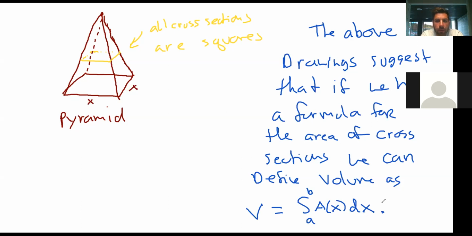But let me remind you of our strategy that we've used a few times already when it comes to integration: we take whatever it is we want to analyze, here it could be a pyramid, and we slice it up in a certain way. In this picture, I'm slicing my pyramid horizontally, and then I examine one of those horizontal pieces. I notice that one of those pieces can be regarded, at least approximated, as a box.